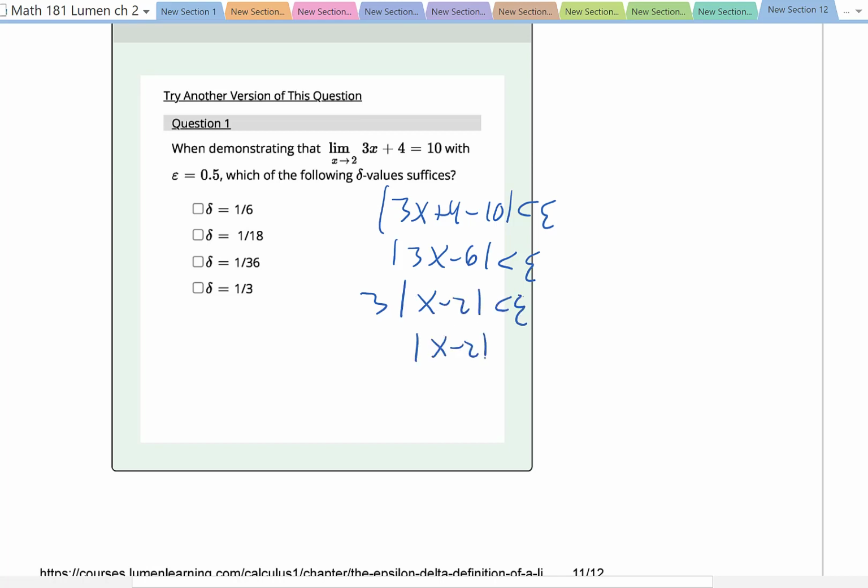The absolute value of x minus 2 is less than epsilon over 3. So if they're telling us that epsilon is equal to 0.5, what I want to point out is 0.5 over 3 would be something like 1/6. So that would work.